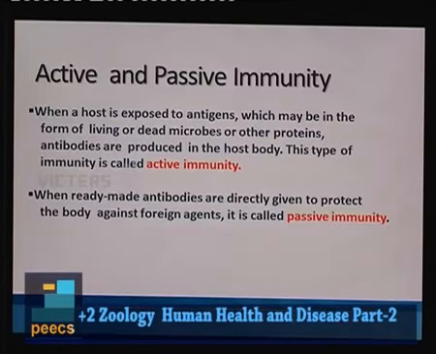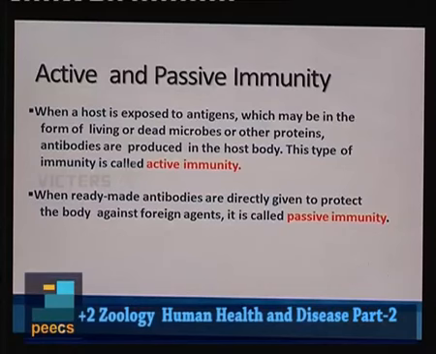The acquired immunity can be considered to have two limbs: active immunity and passive immunity. What is the difference between active immunity and passive immunity? Active immunity: when the host is exposed to antigens, there will be production of antibodies.